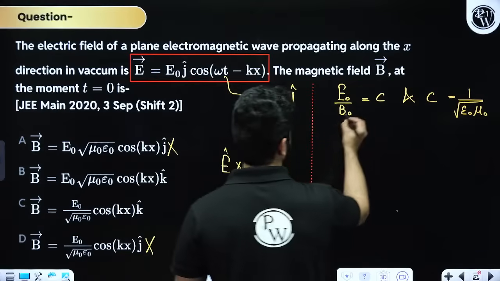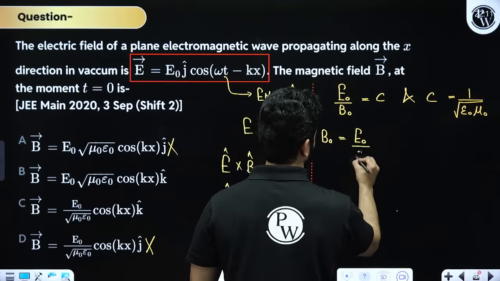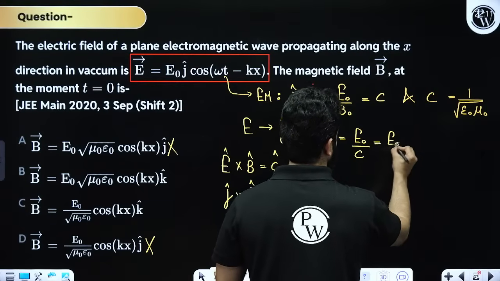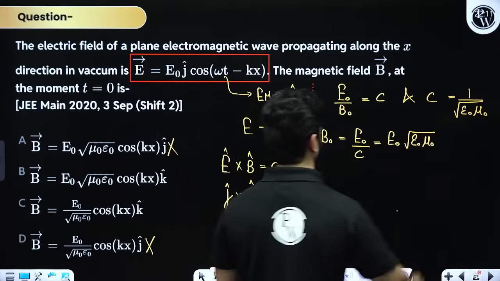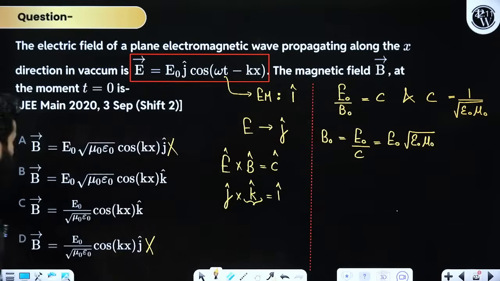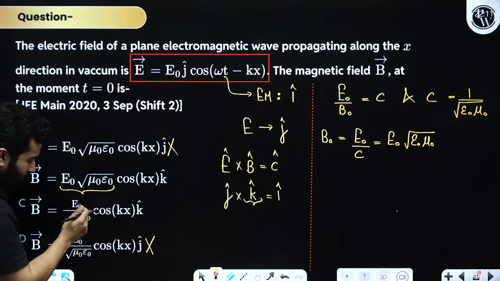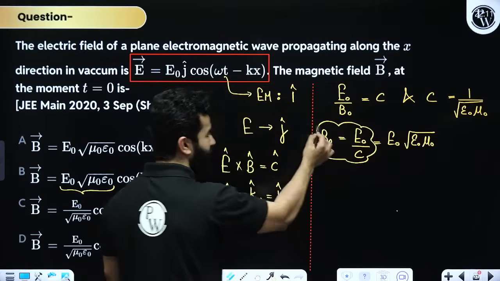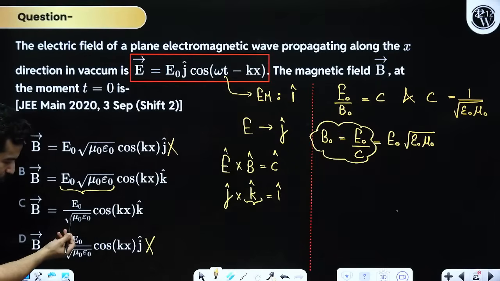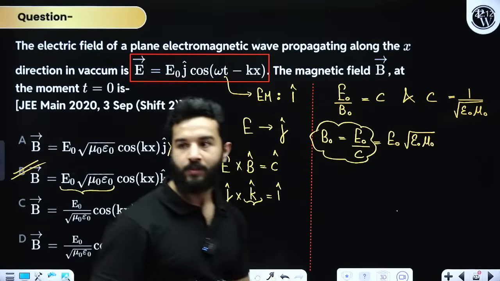Hence instead of B naught, you can write it as E naught divided by C, or E naught times 1 upon C, which can be written as under root of epsilon naught times mu naught. So finally, the equation will be in k cap, but the magnitude will be E naught multiplied by this. Sometimes students make this mistake. They think it will obviously be E naught divided by C, and that's how they choose this option. So don't make any mistake. Option B is going to be the correct one. Clear? Done, my dear friends.